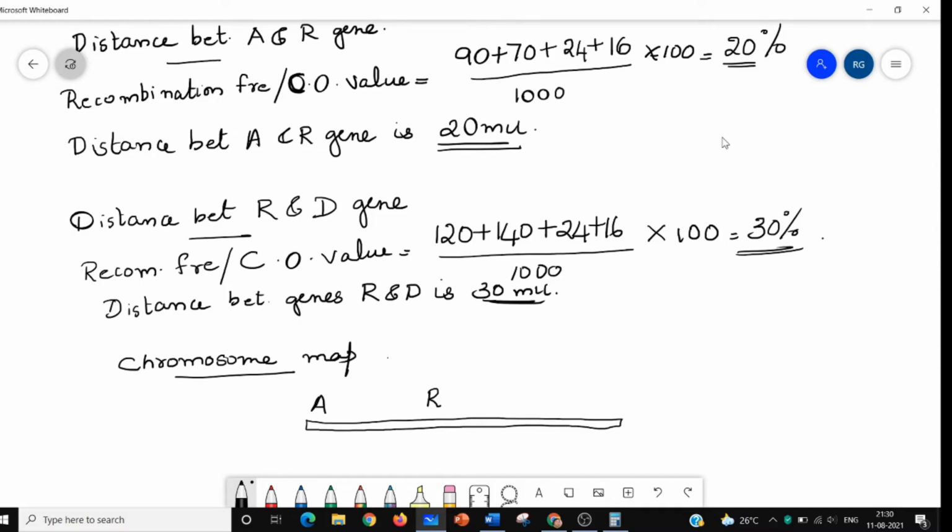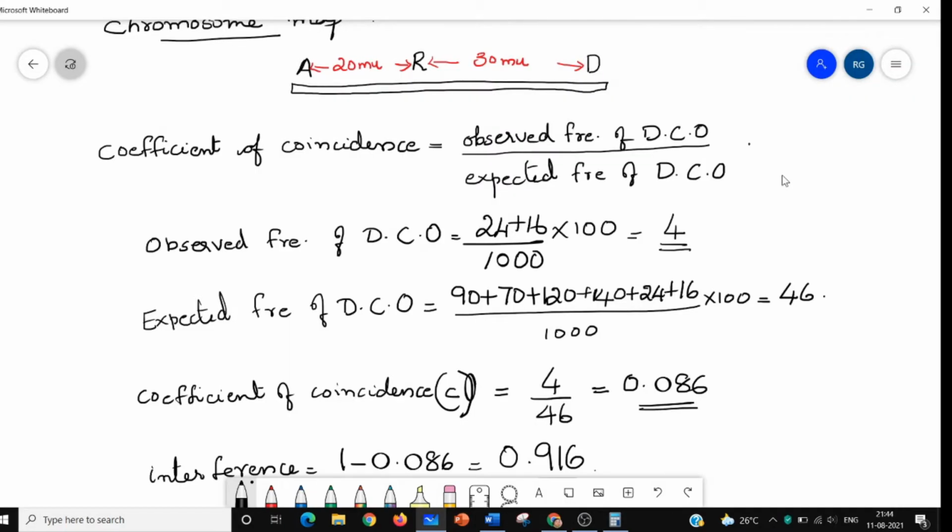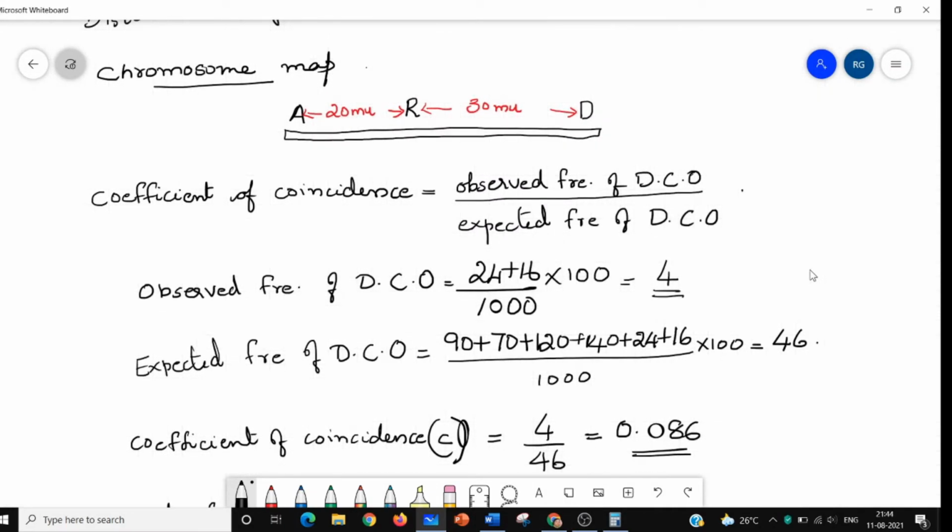So we place D somewhat away from R, and we write the map units here. It is 30 map units. Here it is 20 map units. This is how we map the 3 genes under consideration in a chromosome. So we have constructed a chromosome map and found the distance between the genes.